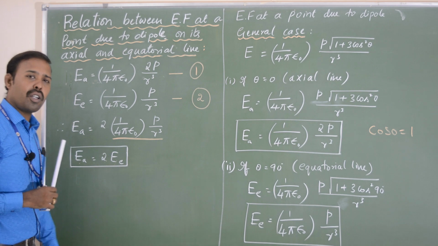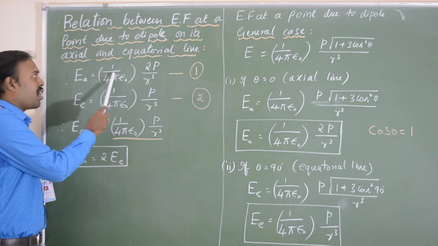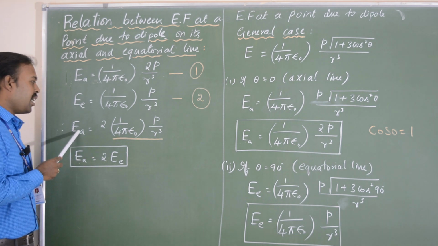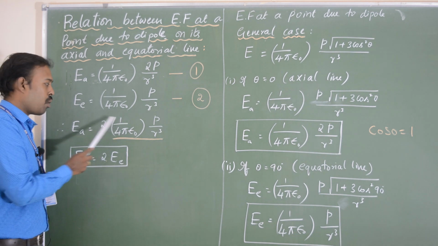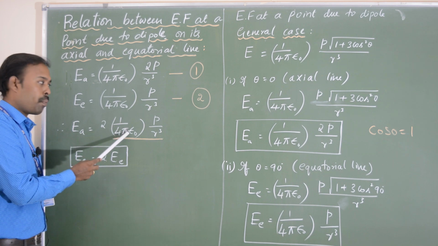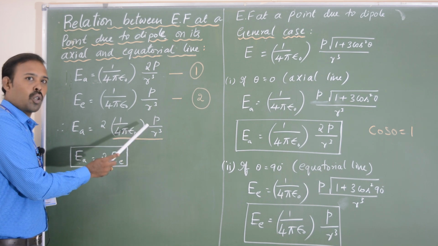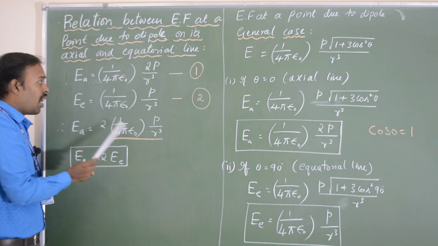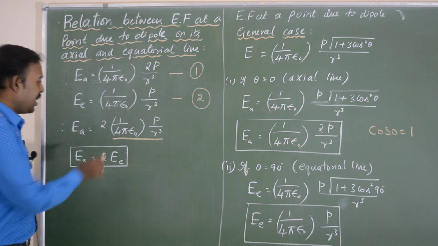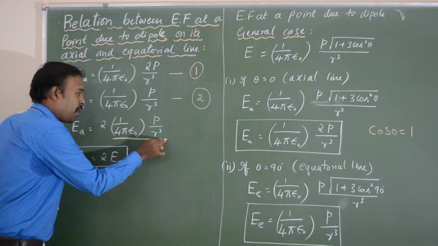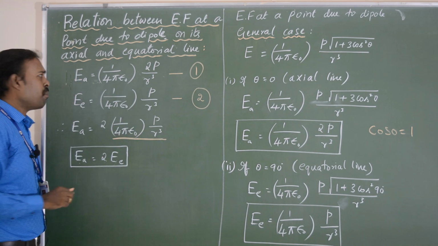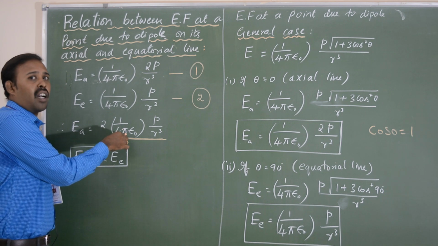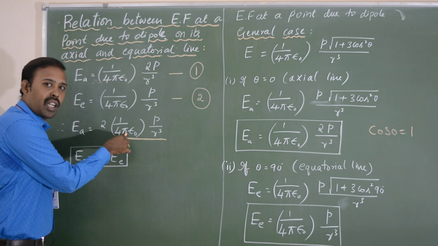Now I am going to rewrite equation 1. So it becomes EA is equal to 2 into 1 by 4 pi epsilon naught p by r cube. Now this 1 by 4 pi epsilon naught p by r cube is nothing but the expression for the electric field at a point due to a dipole on an equatorial line.